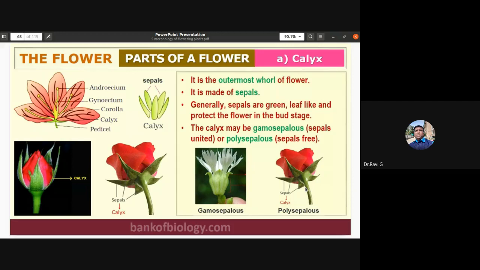So persistent sepals or persistent calyx is found in brinjal. The crown-like structure on brinjal is sepal. That sepal has not withered away. Generally, the sepals wither away after the formation of fruit, but here it is persistent. So persistent sepals, you can see in case of brinjal as well as in Capsicum frutescens, what I was talking about.